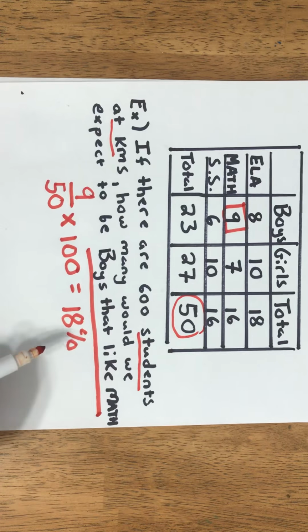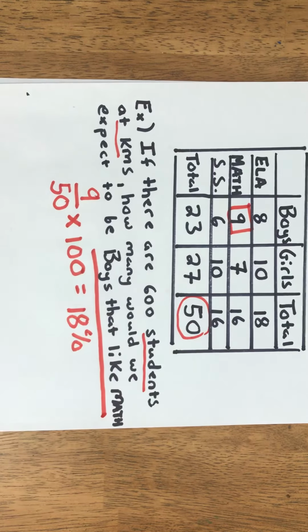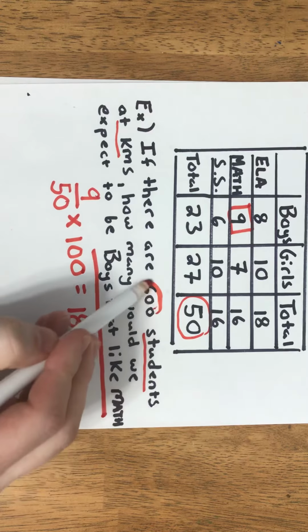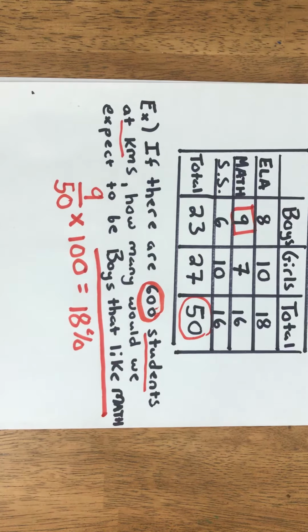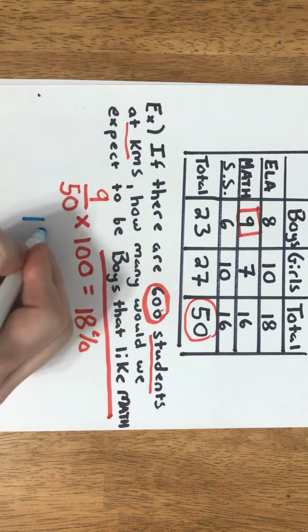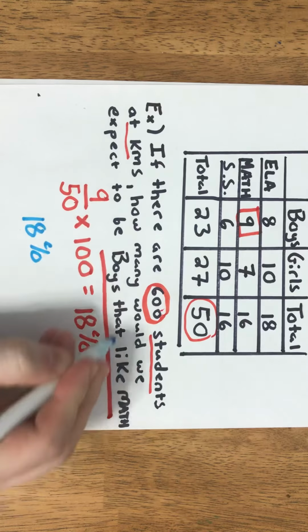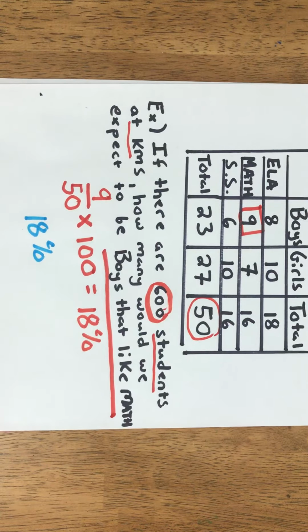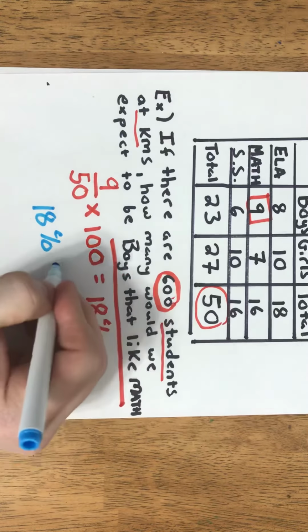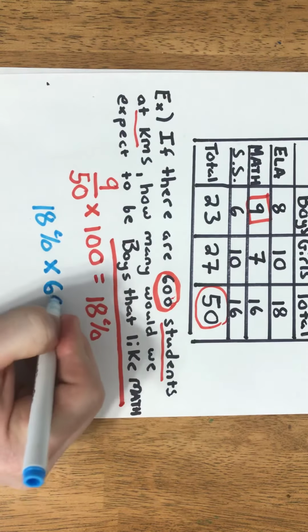Now what we are tasked with is instead of 50 students, we have 600 students. So this is really just going to be one more step that we have to do. We know that 18% of them are boys that like math, so we're just going to take that 18% and multiply it by 600.